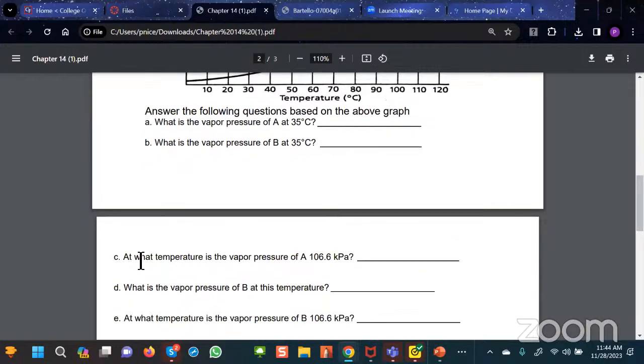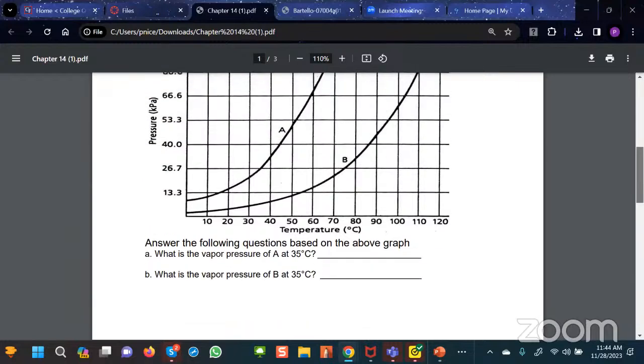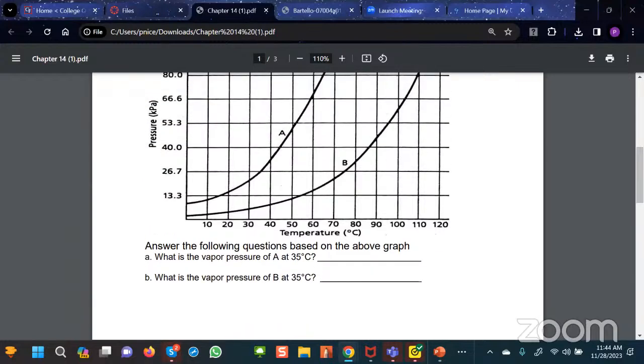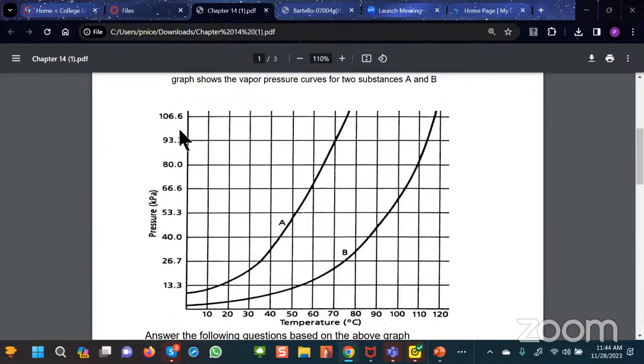In the case of C, it's asking what temperature, right? So it's the reverse or opposite of what you were asked in the case of A and B. What temperature is the vapor pressure of A at 106.6 kilopascals, right? So basically, 106.6 kilopascals is here, right?